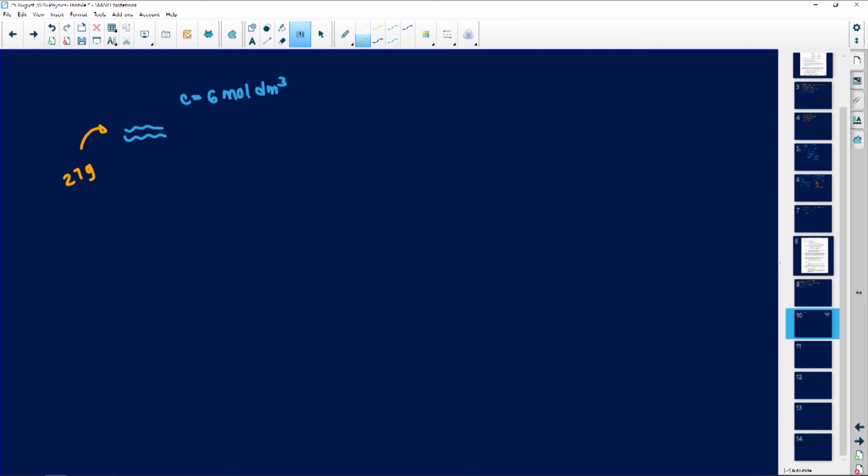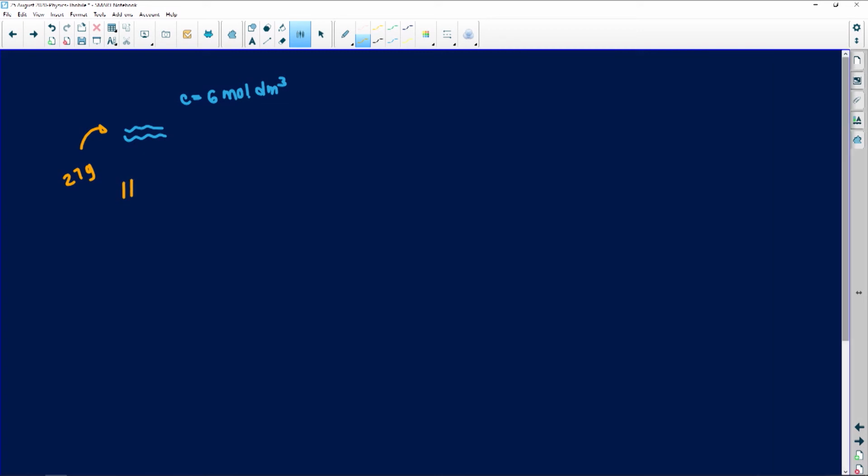So now remember, I'm just going to write it here. If I have my H2SO4, I am given the concentration, which is 6 moles per cubic decimeter. I know that my moles is 1. I do not have the volume. Then I have NaHCO3.